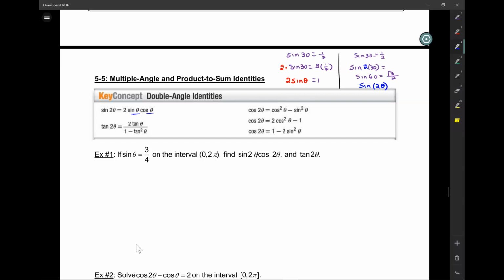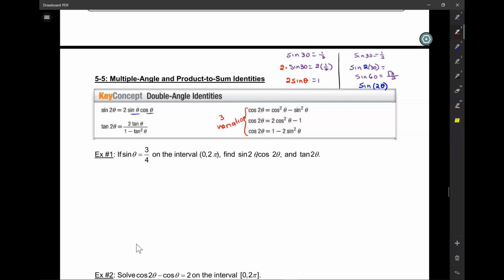Tangent of 2 theta, it's this combination of letters and symbols right there. It calls for the tangent of single theta again. Now look at cosine. For cosine, you actually have 3 variations. Now, one is not more correct than the other.